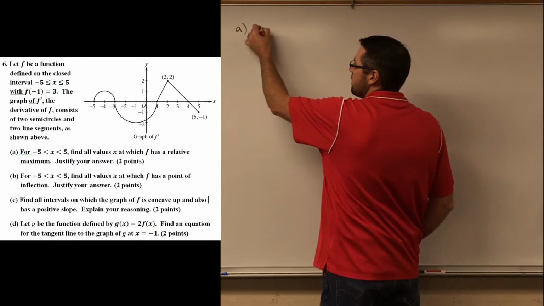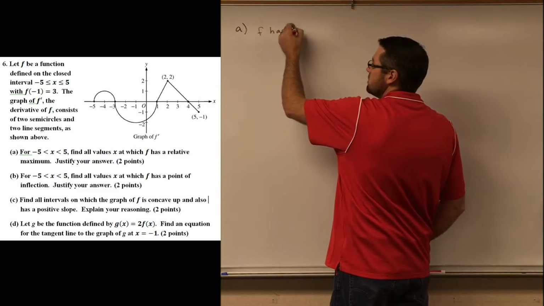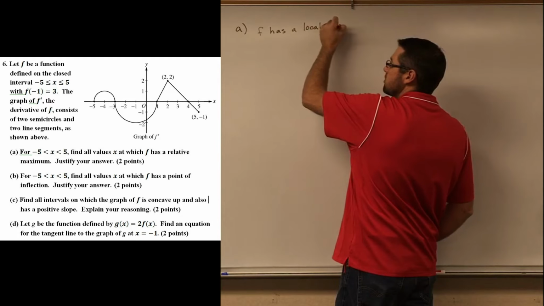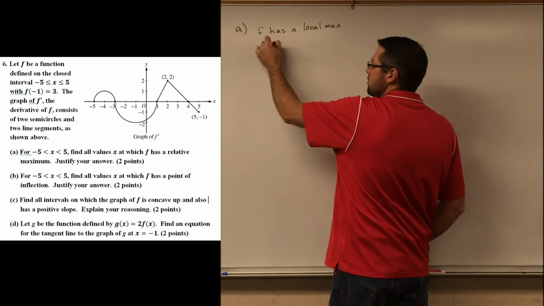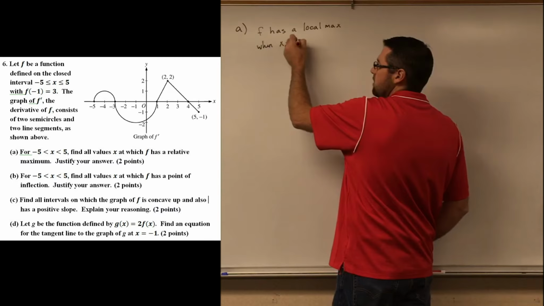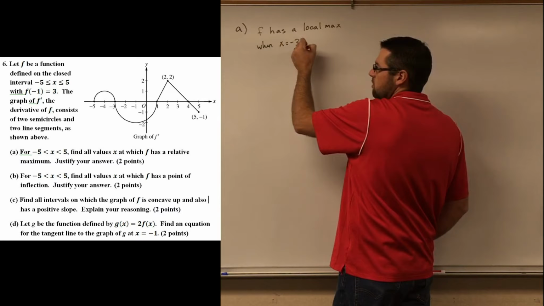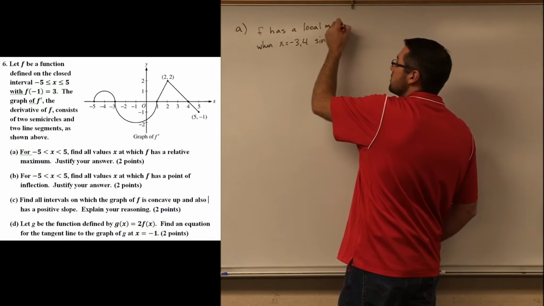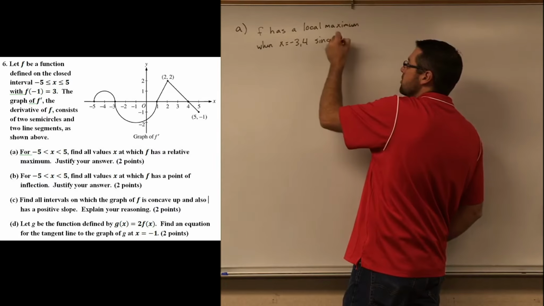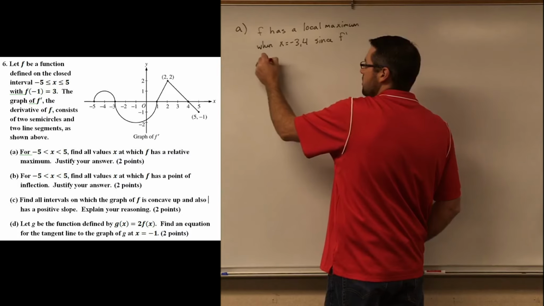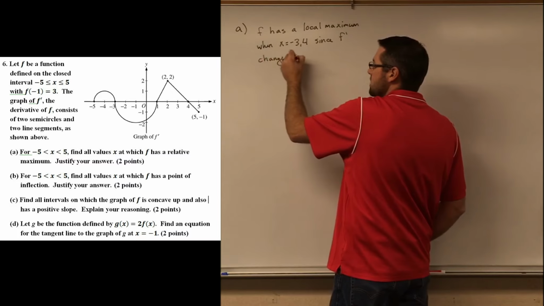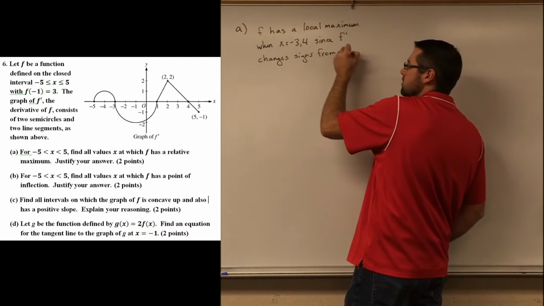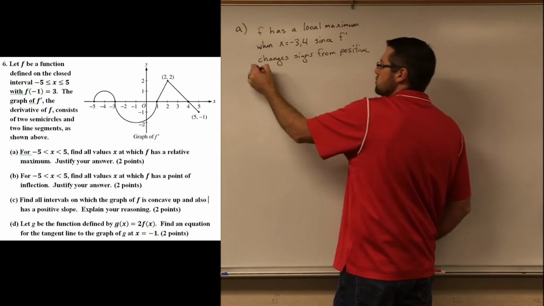So we would say f has a local max when x equals -3 and 4. Is that what you guys said? 4. Since f prime changes signs from positive to negative.